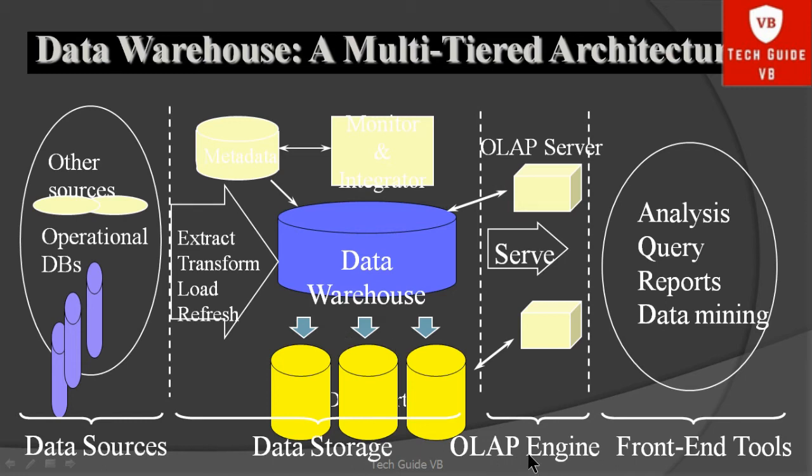In the OLAP engine tier, it has the OLAP servers. In front end tools, it has analysis, query, reports, and data mining. In this way, the data warehouse is a multi-tiered architecture, with different tiers like data sources, data storage, OLAP engine, and front end tools.